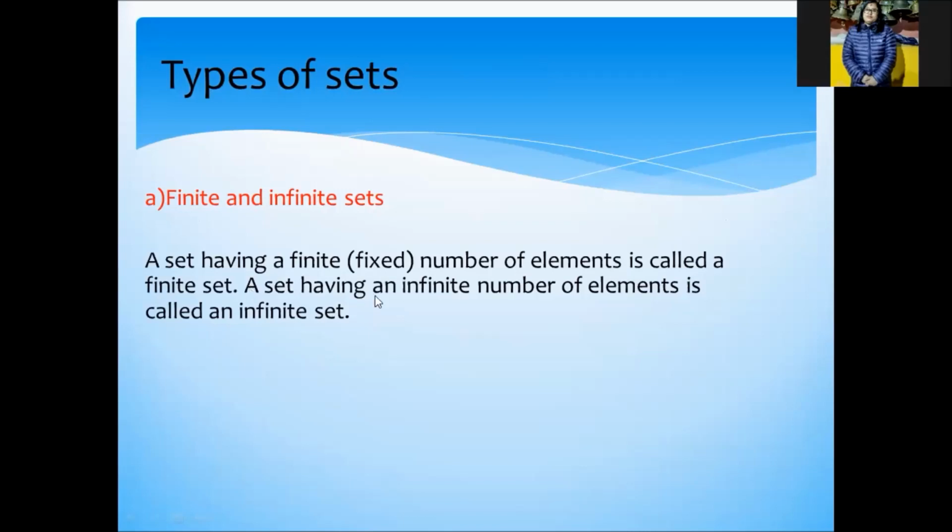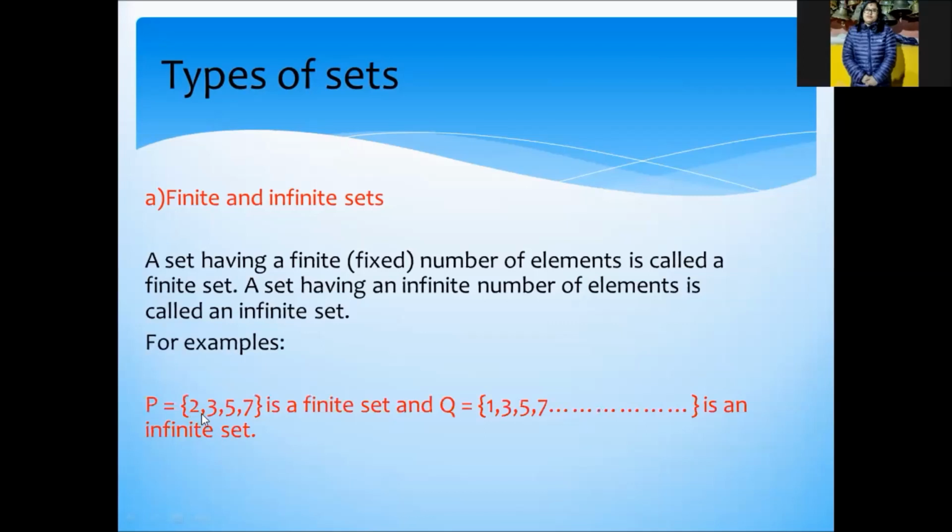A set having an infinite number of elements is called an infinite set. For example, P = {2, 3, 5, 7} is a finite set, and Q = {1, 3, 5, 7, ...} is an infinite set.